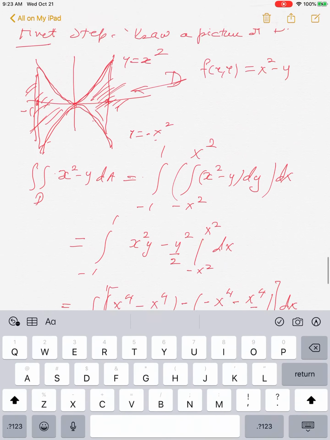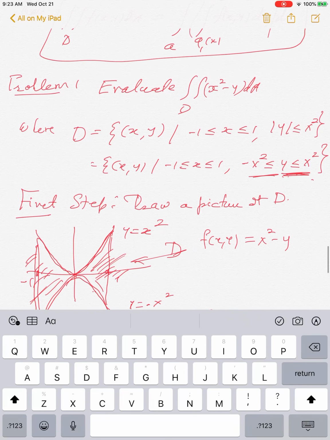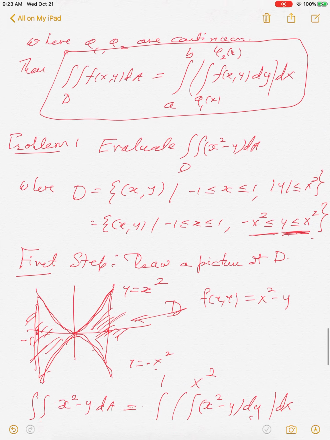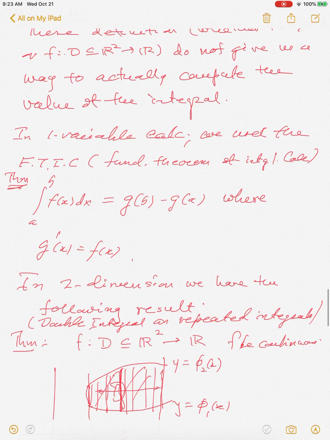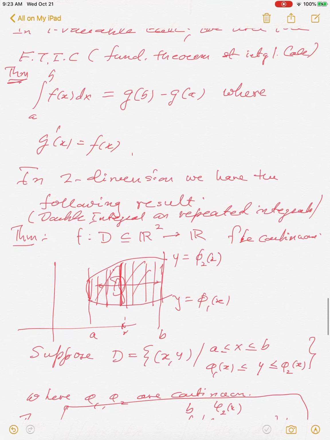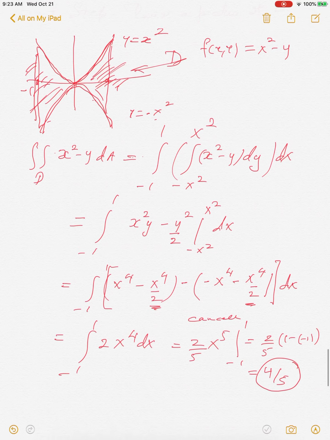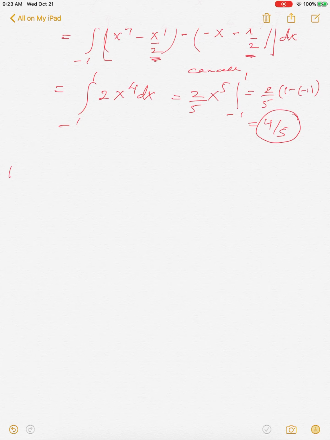By the way, one thing I forgot to mention, which I should have mentioned at the end of this discussion on double integrals, is that the double integral is actually going to measure the volume. So maybe I'll write that as a remark here.